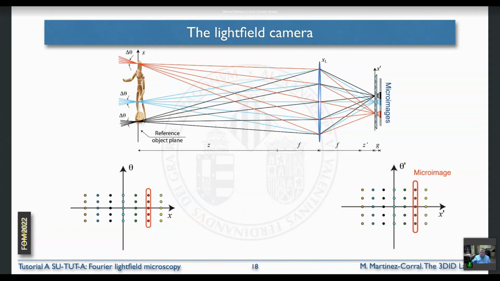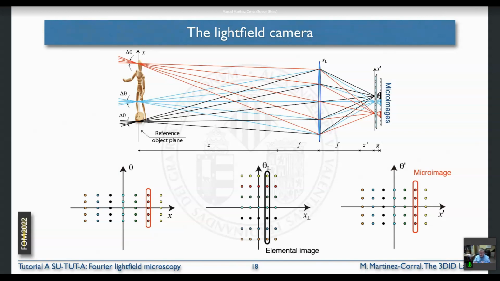But we can wonder, and what is happening here? And here we can see that a kind of 90 degrees rotation is happening. Because, for example, we can see here all the rays passing through the central point in this plane. In fact, they proceed from different points of the object.